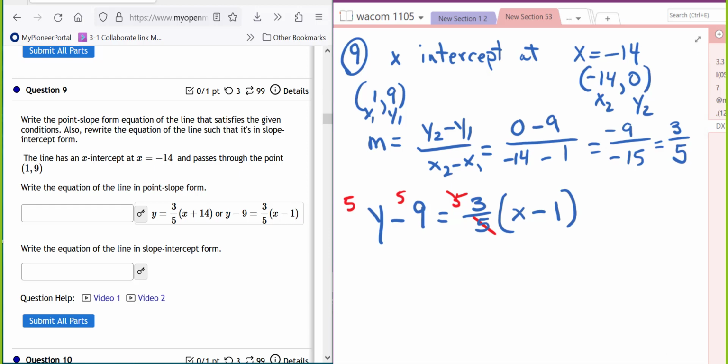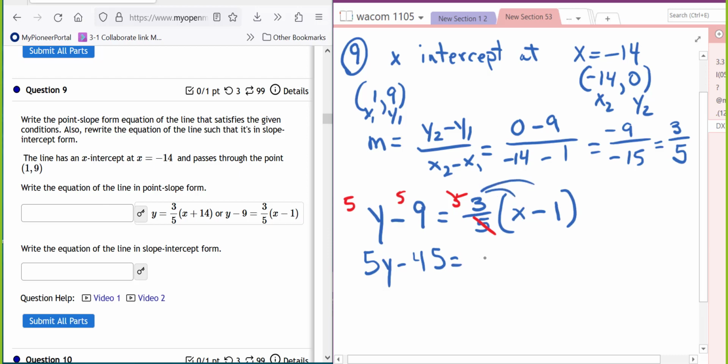That's going to cancel. So we have 5y minus 45 equals, distribute your 3, 3x minus 3, and then isolate your y. So you're going to add 45 and then we will divide by 5.